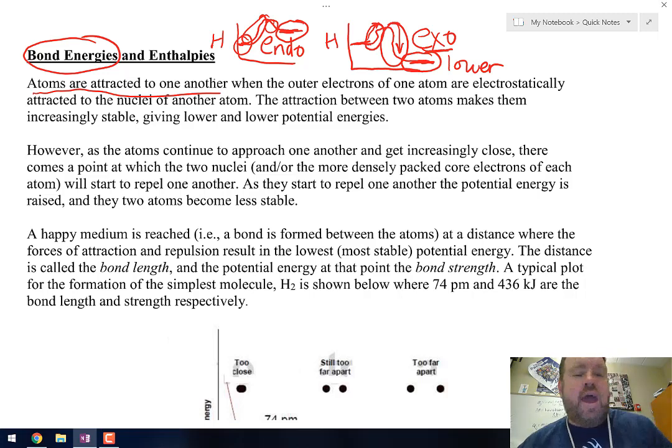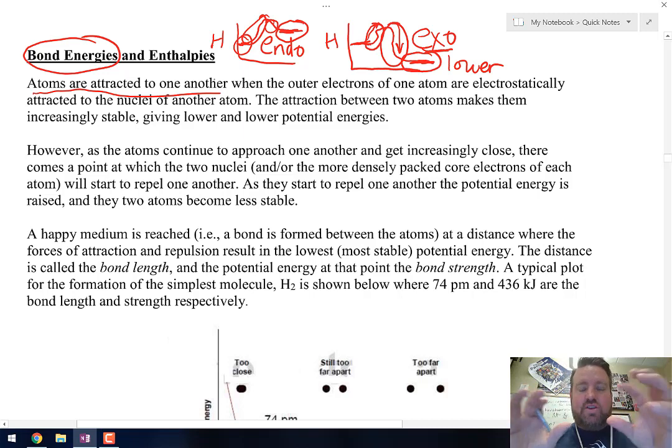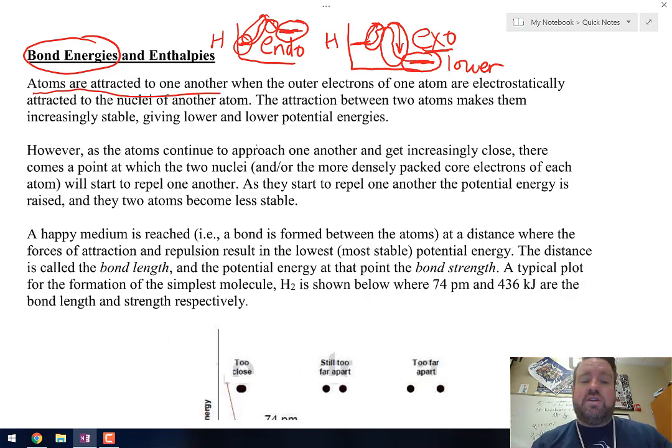As the atoms continue to approach one another, so imagine you've got two hydrogen atoms that are far apart and they start getting closer and closer together, there comes a point where the two nuclei, your protons in the middle, and also the electrons on the outside, are going to start to repel one another.